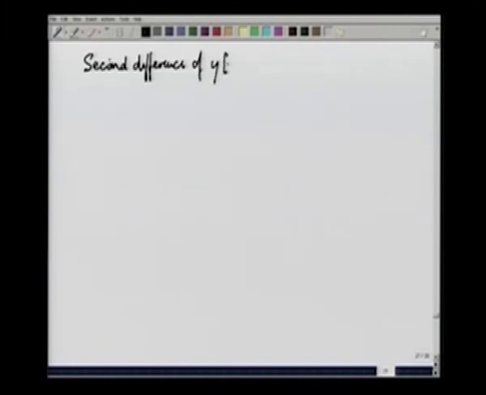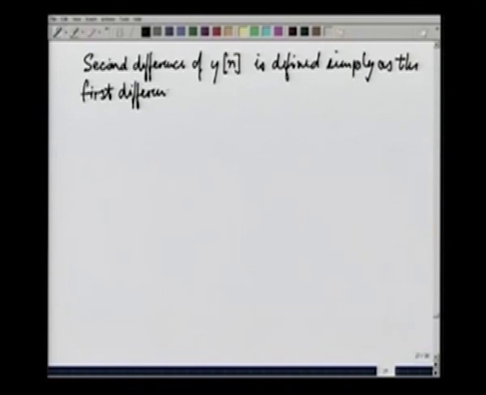The second difference, or the equivalent of the second derivative of y n, is defined simply as the first difference of the first difference of y n.